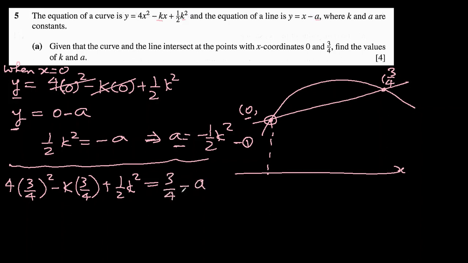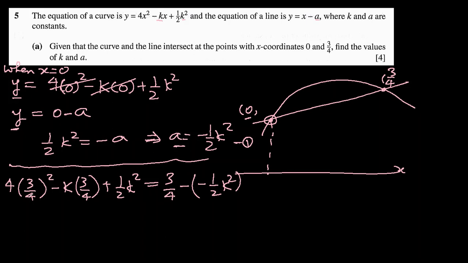And now in place of this a, can I write minus half k square again? So in place of this a, our minus is already there, and I will write minus half k square in place of that a, right?